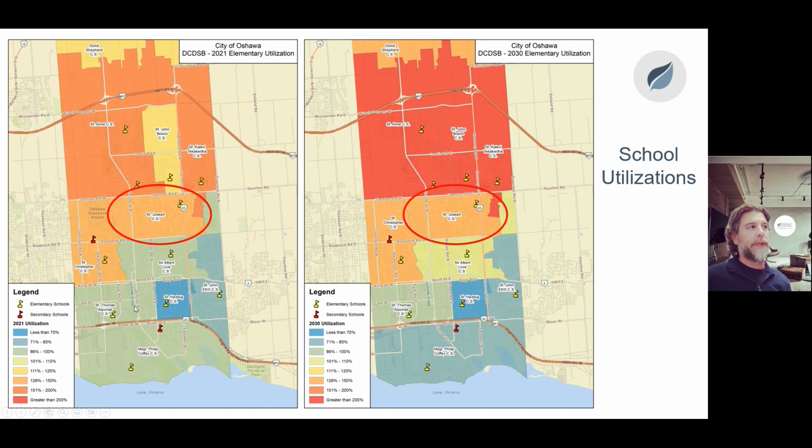Anywhere you see more of these green colors, more at or near capacity, where you see some of these cooler blue colors, which indicates that the school has some surplus space. So St. Joseph, we can see in that orange color, and we had just looked at the utilization rates, according to the legend, somewhere between 126 and 150% utilization.